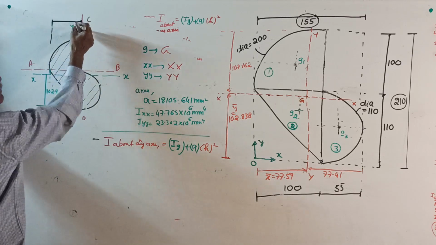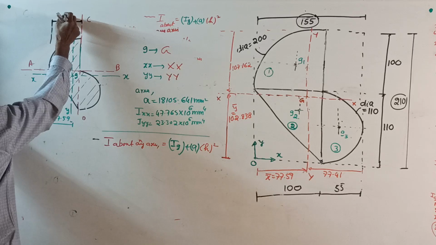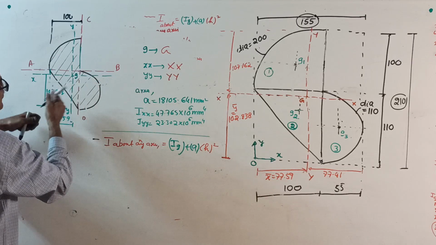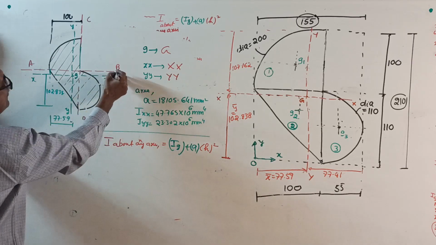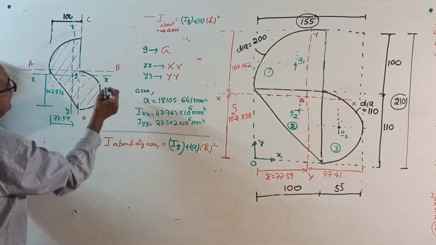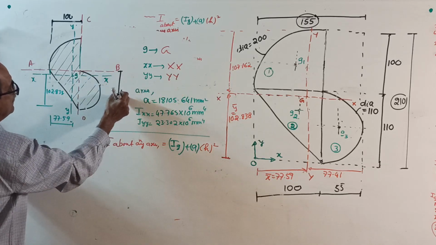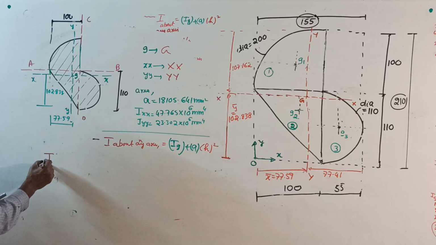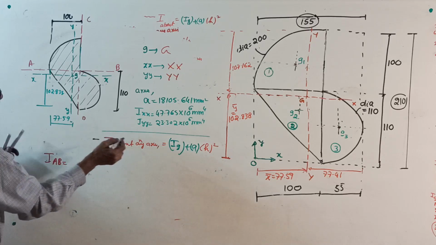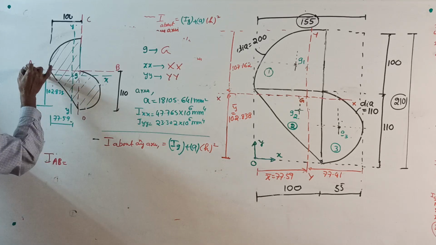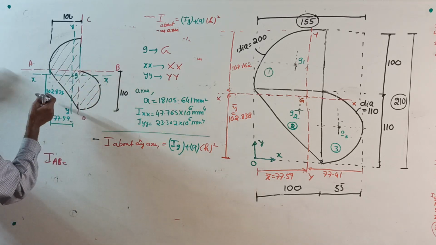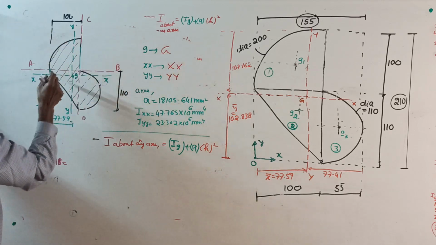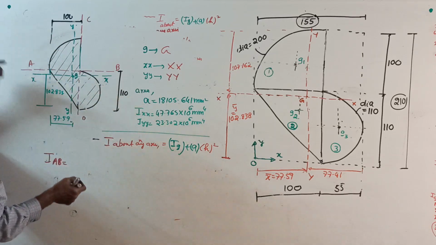This is 100. And also you know this is your XX. That is 110. This is 110. Therefore, directly you can do it: I about AB equals IG. If you want I about AB, first take I about an axis passing through the centroid of the entire area, that is this XX. That is already known to you.